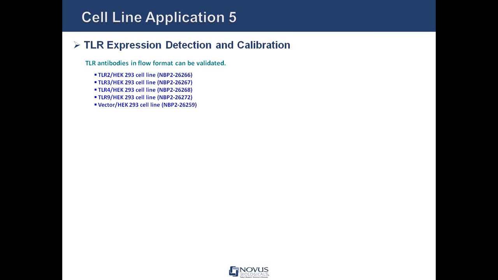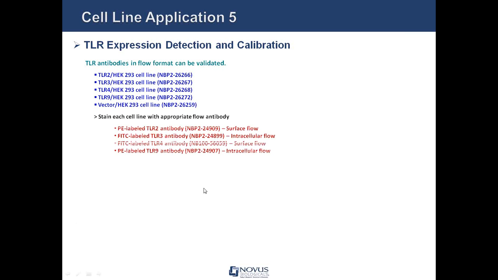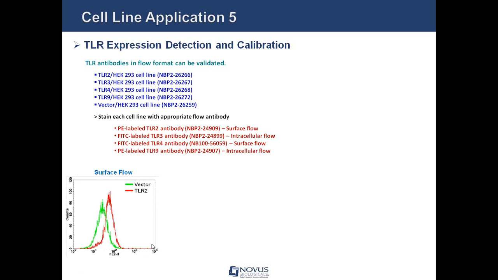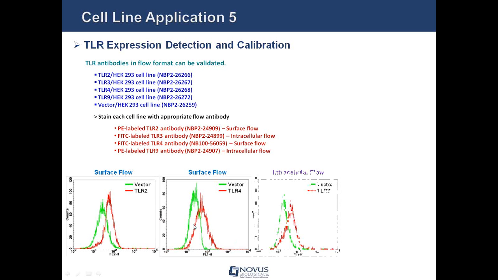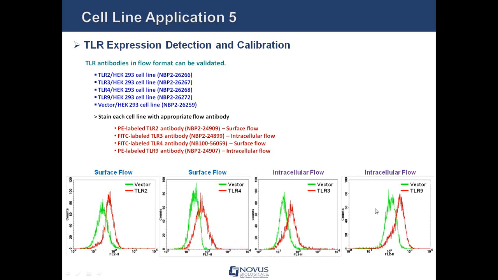We tested several TLR stable cell lines using our TLR-specific, flow-based antibodies, with surface flow for TLR2 and TLR4, and intracellular flow for TLR3 and TLR9. So you can evaluate antibodies through flow analysis.